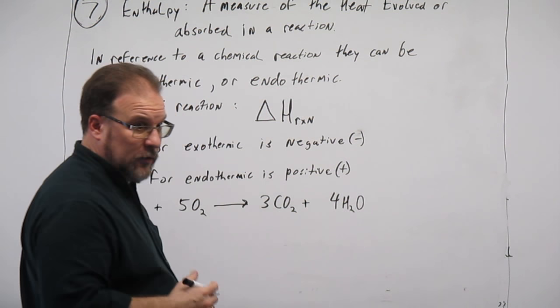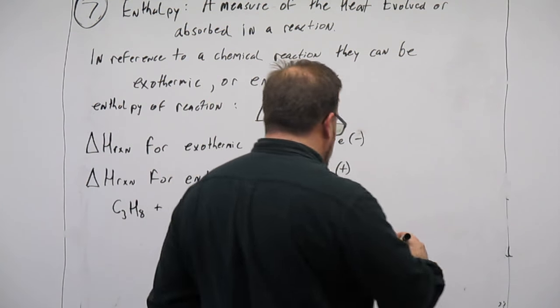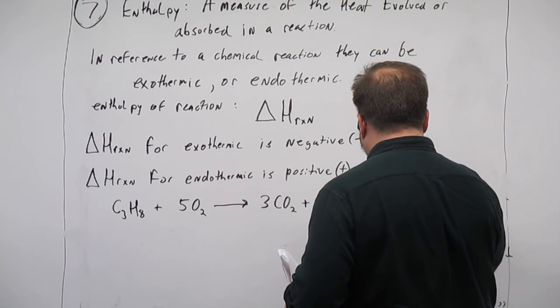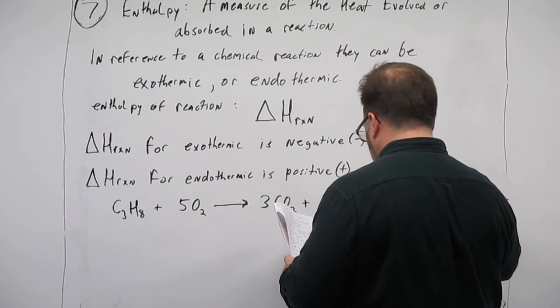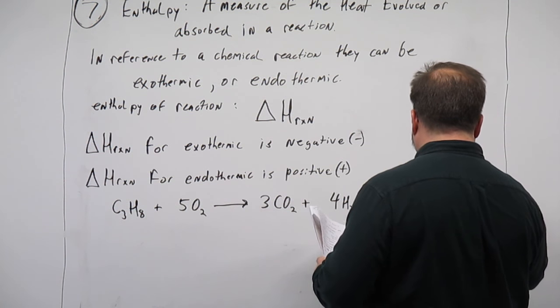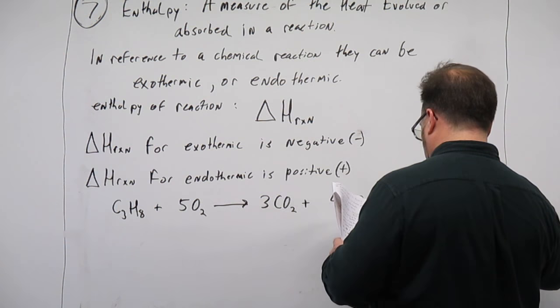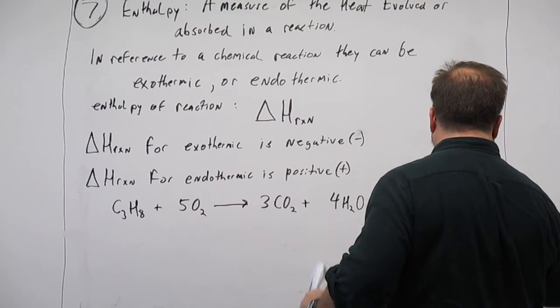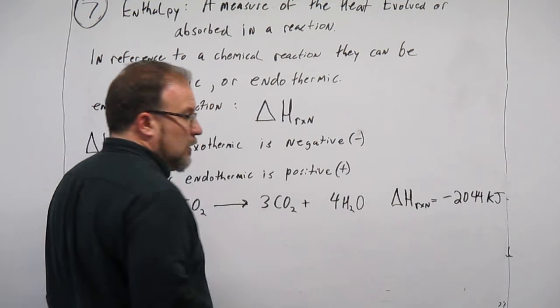And I'm given another bit of information. You have to be given this, okay? In the reaction, I'm told that the delta H RXN is equal to negative 2,044 kilojoules, all right?